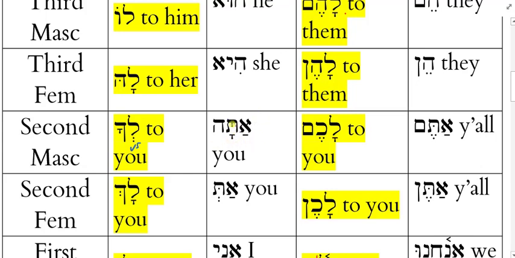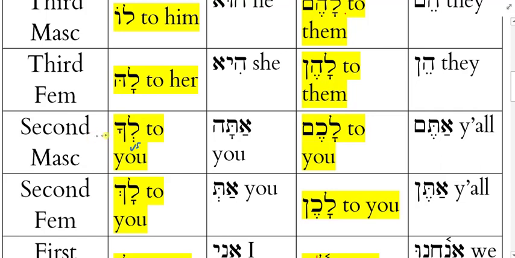Now let's compare this with the independent second masculine singular pronoun you. It's ata, ata. Do you see anything similar between lecha and ata? The same syllable, right? The same kametz here. Okay, but there is a mater hey here, and there's no mater hey here. This kametz is spelled defectively.